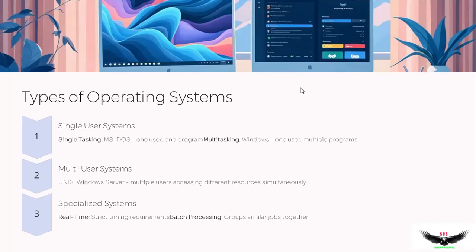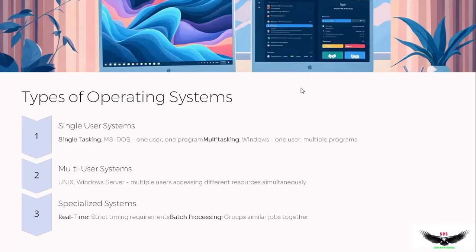I repeat: types of operating systems. We have single user systems, multiple user or multi-user systems, and specialized systems. Those are the main three.